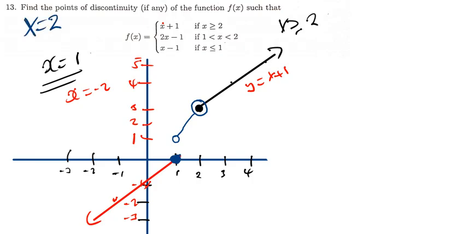So the first thing is f of 2. Which function do you think includes 2? We have got 3 functions. This one, that one, that one. Which one includes 2 among those? The first one.